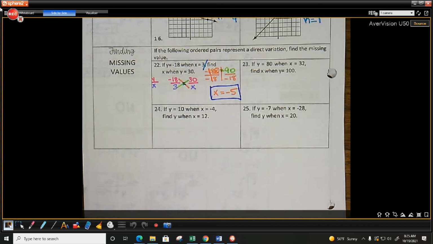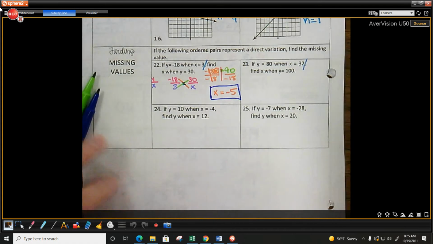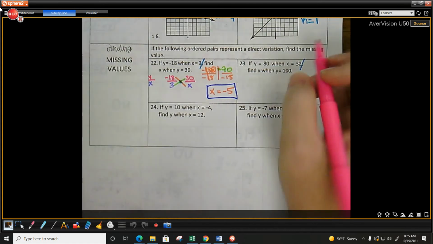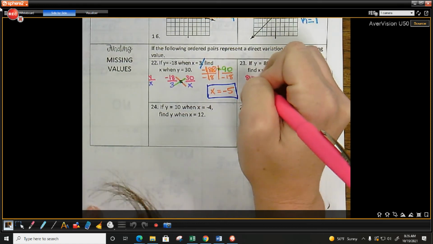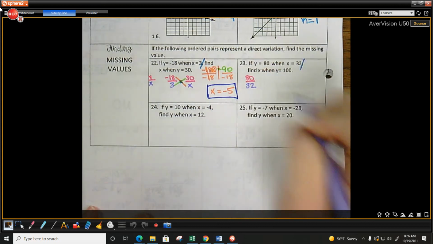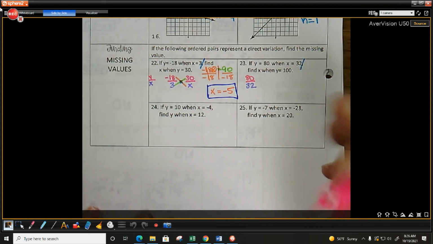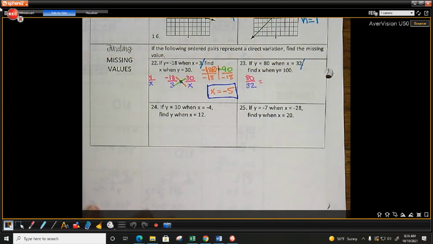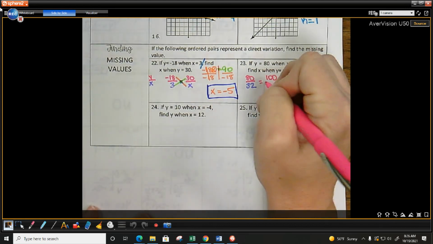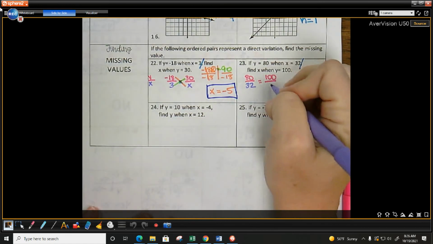Okay, so next, if y is 80 and x is 32, set up your fraction, y over x. So 80 over 32 equals, say it again, 100 over x. I don't know the x value.